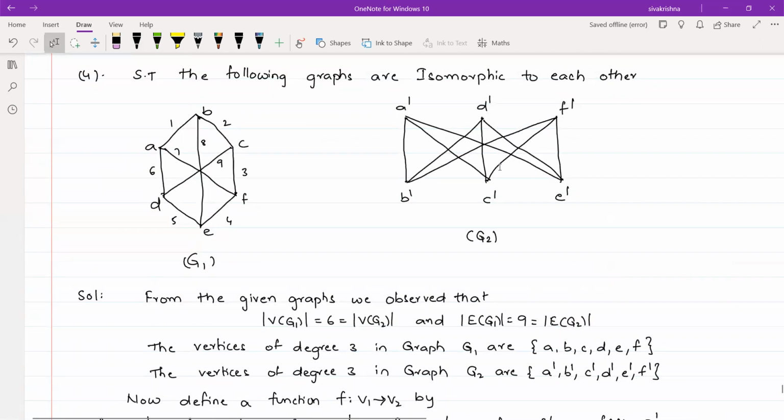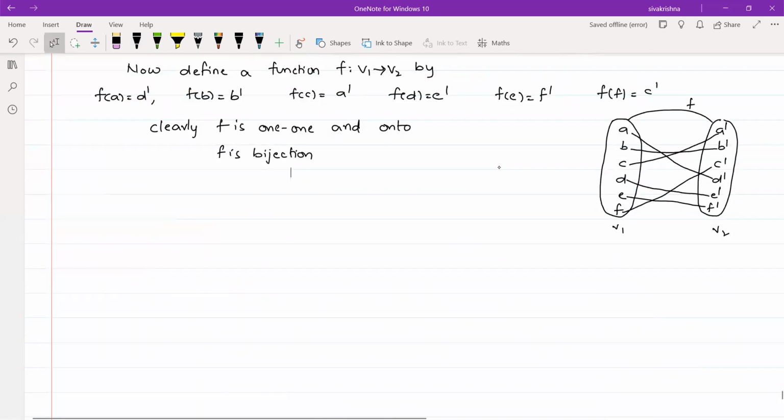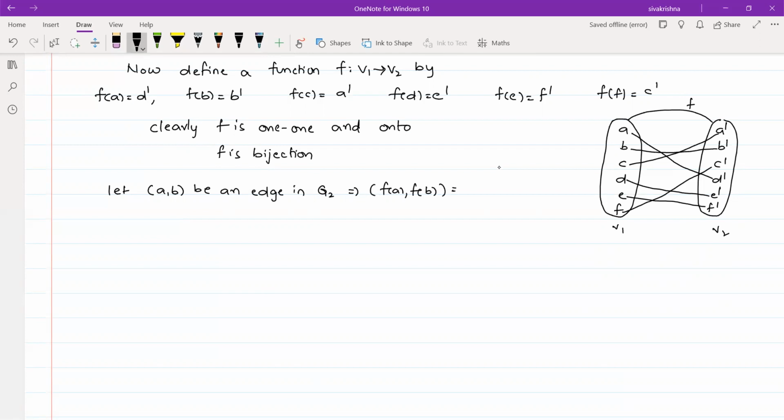The first one I am selecting is A comma B. Let (A, B) be an edge in graph 1. This implies (F(A), F(B)) is equal to, what is F of A? We have chosen F of A by D', and F of B by B'. It means (D', B') is an edge in graph 2.